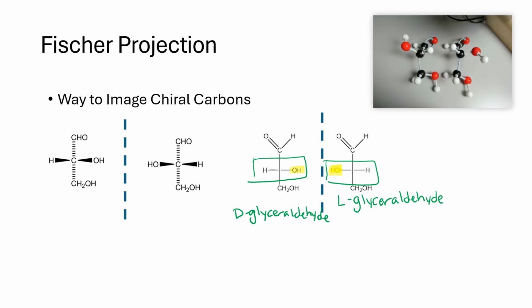For our saccharides, D is naturally occurring, whereas we have to force or in lab make L. L is unnatural. So typically when we are working with our monosaccharides and starting to build up our polysaccharides, we're always working with our D enantiomer.